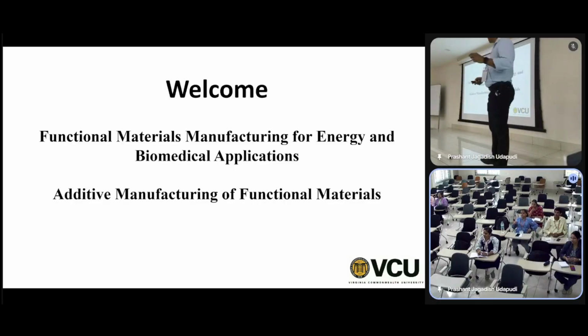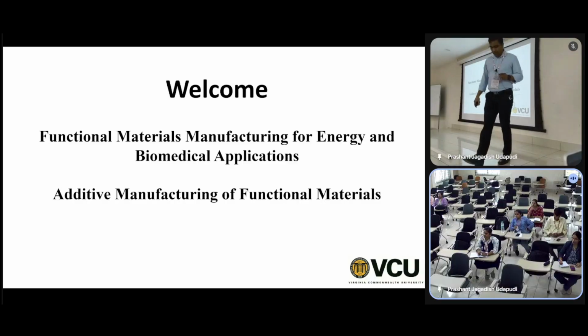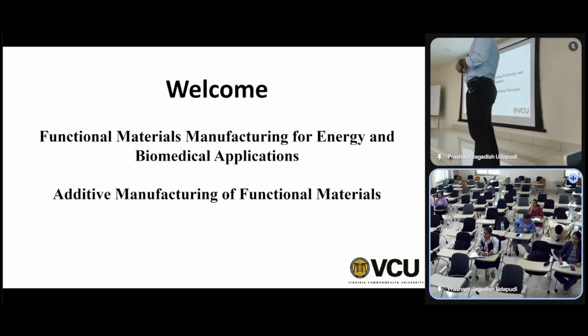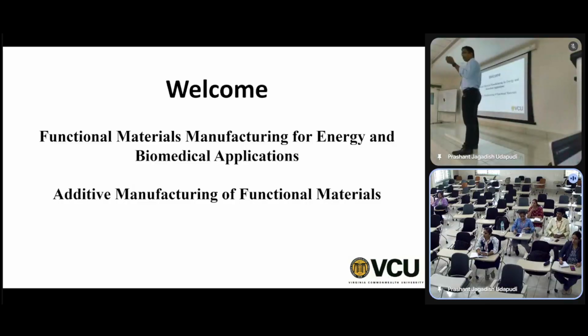We looked at a lot of materials, right? Especially functional materials, and we looked at how these functional materials, or their functions that we desire, change based on the crystal structure, based on the atomic arrangement, based on how we process them, right?